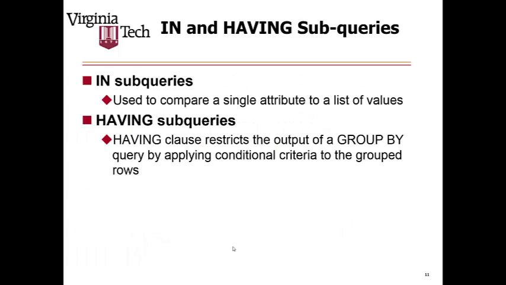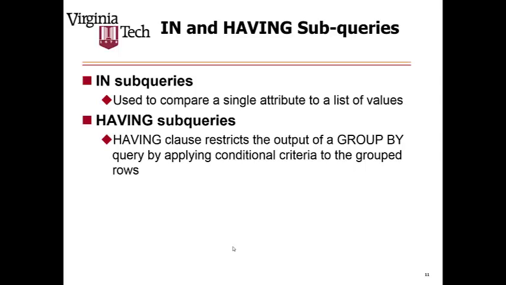Well, we just saw an example of IN in that previous query. Having subqueries operate on the GROUP BY, right? Operate on the results of the GROUP BY clause. And we looked at the GROUP BY clause in Chapter 7 and talked about how you have to have the same set of variables in your GROUP BY.